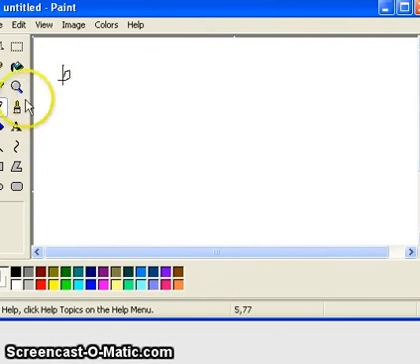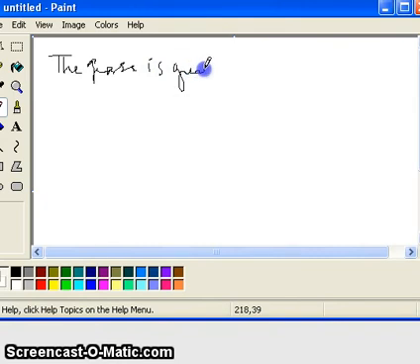The whole argument is this. The problem says the grass is green, or the grass is full of weed. You may find this in the book also, but I like this example.